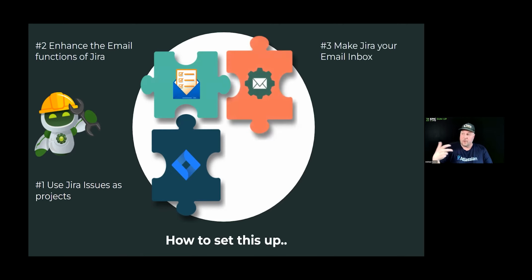Then make Jira your email inbox. This is some kind of a policy that you set in your company. As soon as you see the advantages of that, I'm pretty sure that a lot of people will do this automatically, but you have to take care that people try not to communicate outside your Jira.